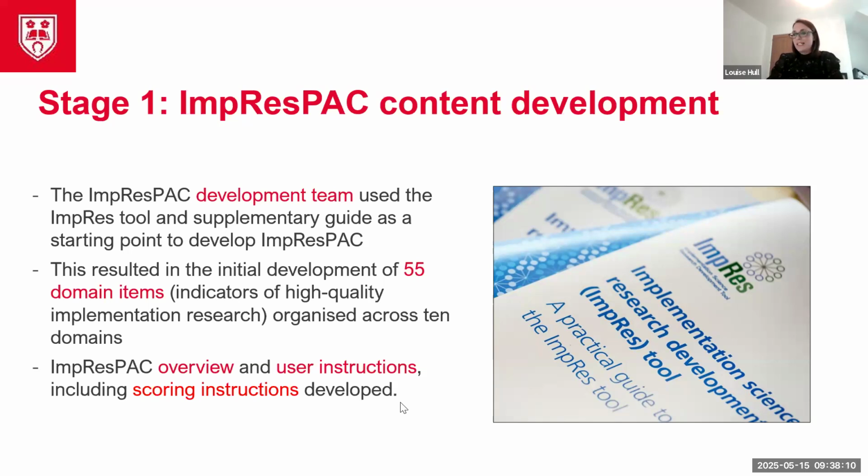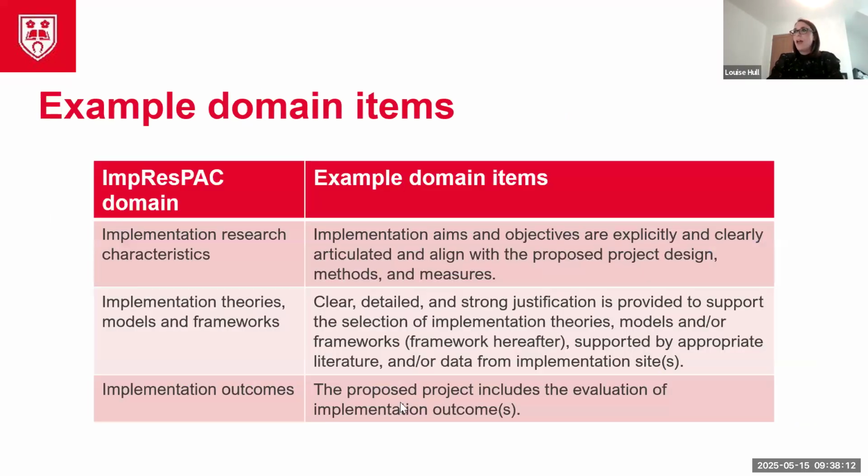scale and associated anchors. And these are just some examples of the ImpRes domain items that we developed at this stage. So for the implementation research characteristics, this is just one of the items that was developed at this stage. Implementation aims and objectives are explicitly and clearly articulated and align with the proposed project design, methods and measures.